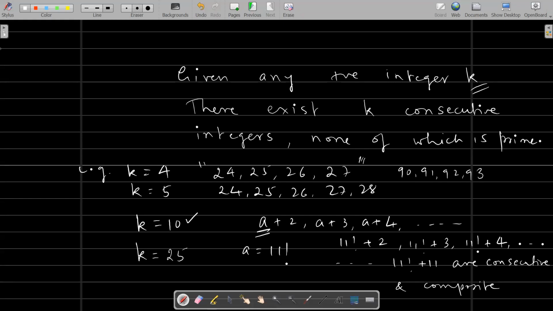On the other hand, the lowest number a for which a plus 2 all the way to a plus 11 are composite is actually 112. So surely this procedure won't give us the least set of numbers, but it gives us one such set of numbers.